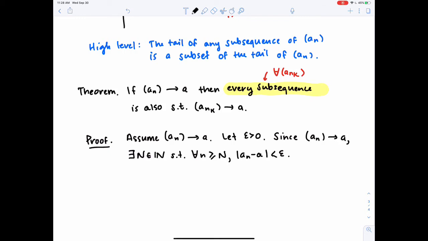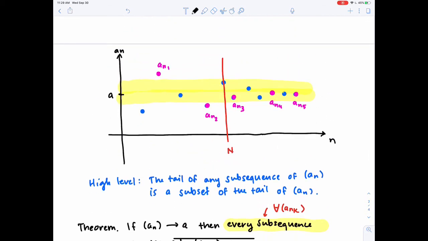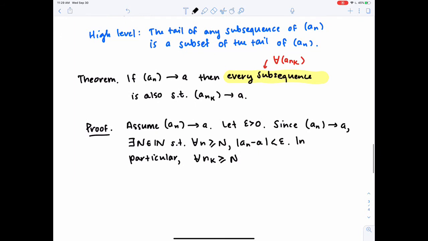So in particular, for all NK greater than or equal to capital N, those are exactly those values that are subsets. Those are my pink values that I've highlighted in my picture. Any value that's in my subsequence that's also greater than or equal to N is going to have to satisfy the absolute value of A sub NK minus A less than epsilon.